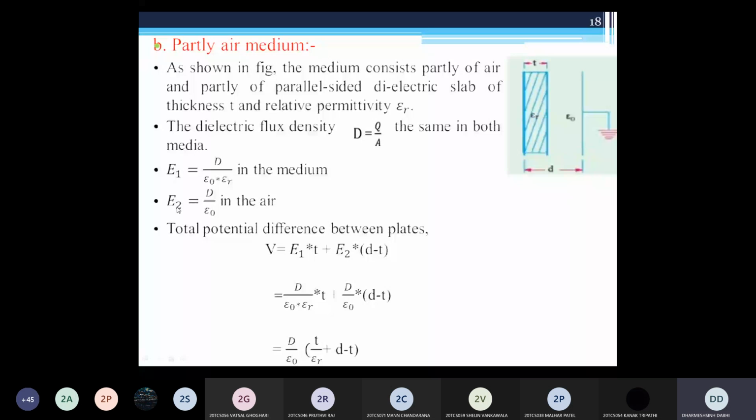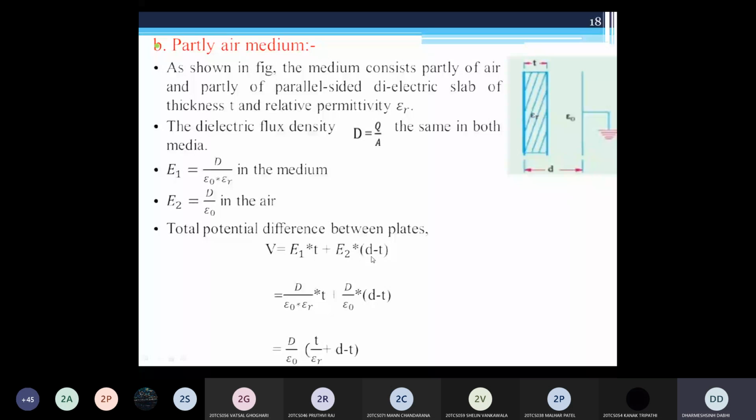This distance is the total distance between the two plates D minus the thickness of the insulating material, so it is D minus T. So E2 into D minus T gives the voltage between these two points. Clear? So total potential difference V is equal to E1 into T plus E2 into D minus T.